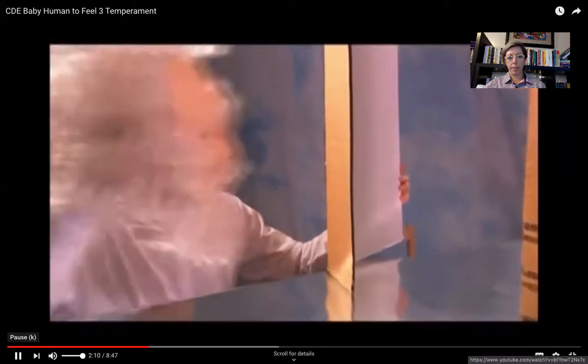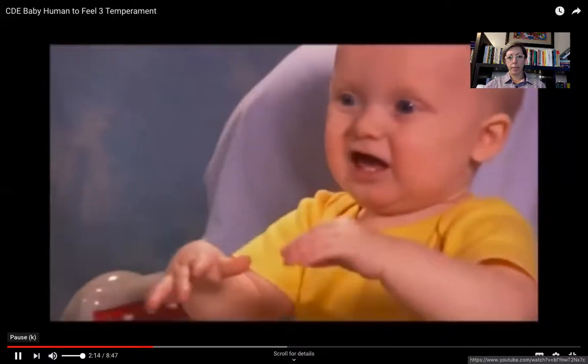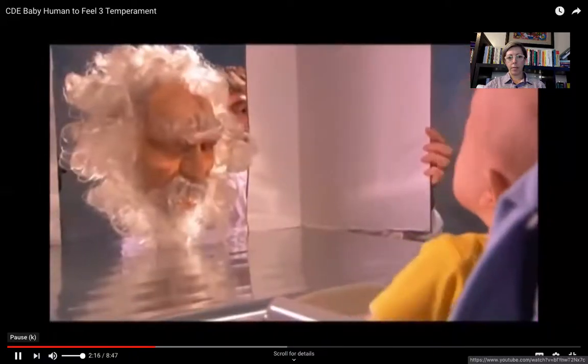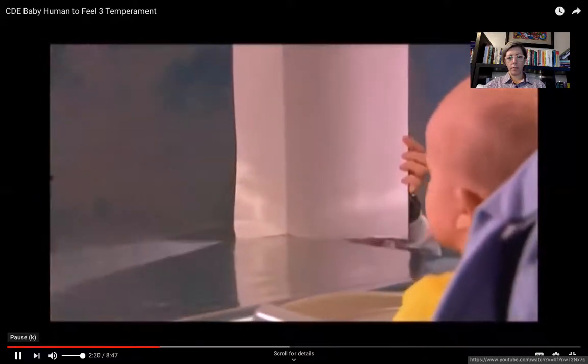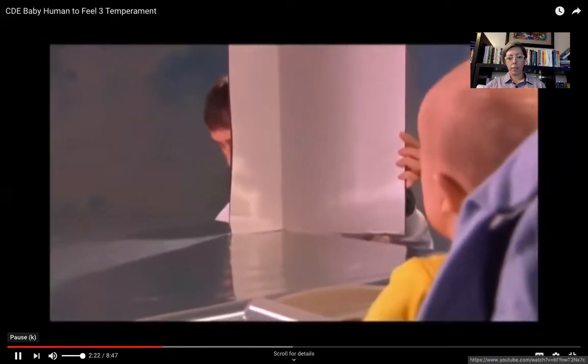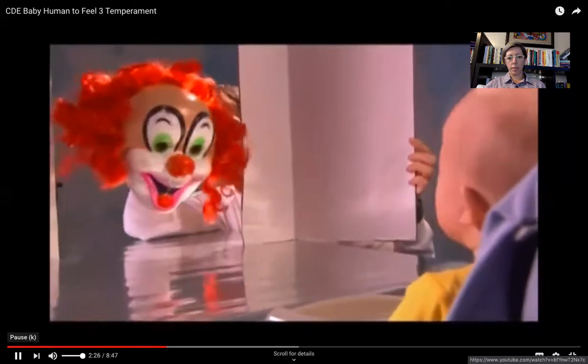Next, researchers test the baby's reaction when something frightens them. Not surprisingly, Jack is shaken by the scary mask. So they bring on the clown mask. And this one really pushes him past his limit.